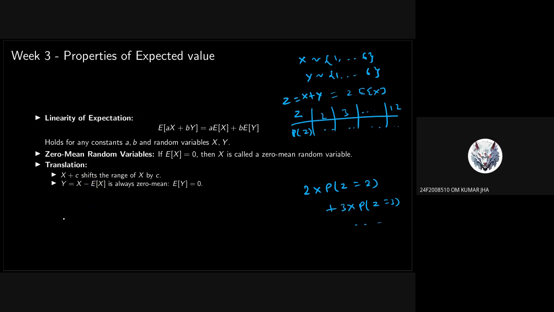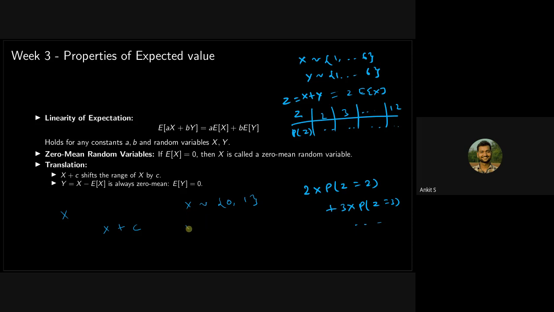No, sir. Okay, so whenever you have a random variable x and you make x plus c, some constant. For example, suppose x takes value 0 and 1, the case of a coin toss.